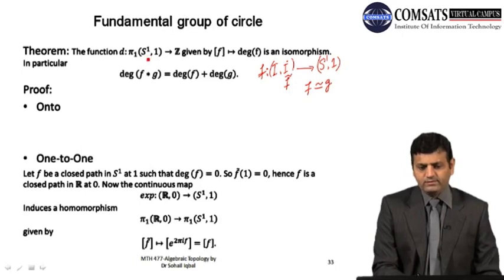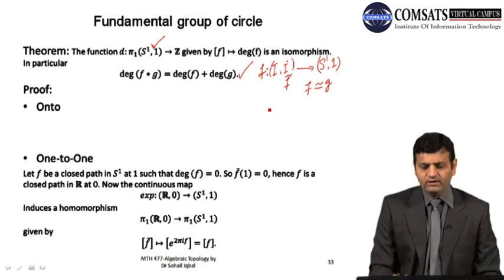And if two loops are homotopic, then they are going to have the same winding number. So there is no problem. This d is well defined on the classes of pi 1, and this d is taking any loop to its degree. And now we have this result that this map d is an isomorphism.